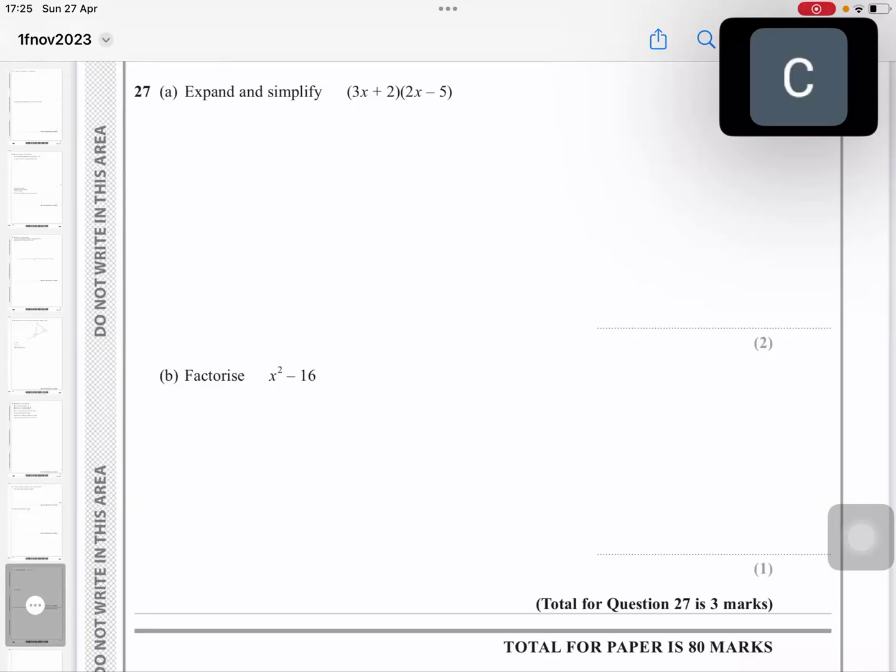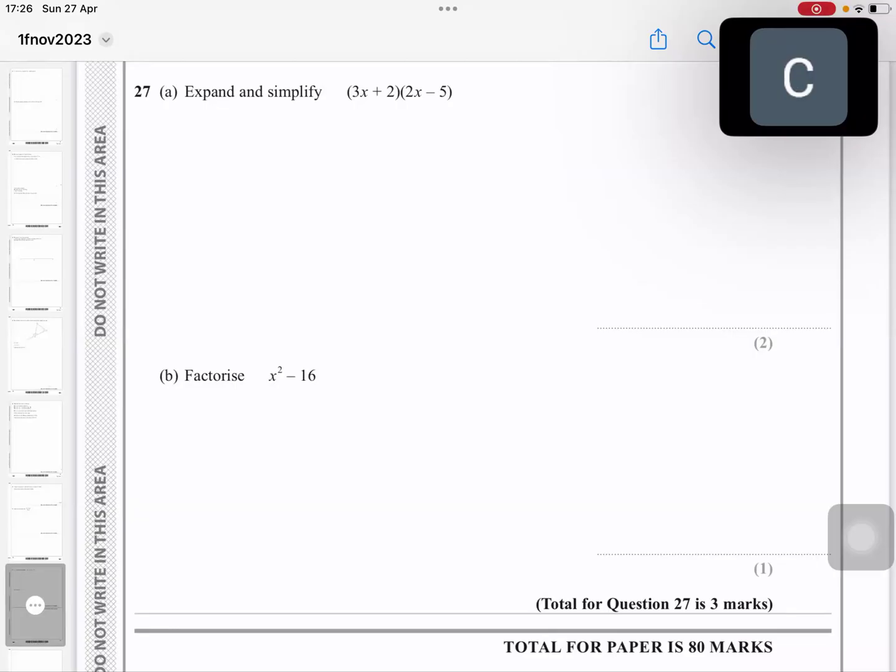So I'll take 3x and multiply it by the 2x in the second bracket, okay? And then that would give me 6x squared. Then I would also take the same 3x and multiply it by minus 5, okay? And that would give me minus 15.